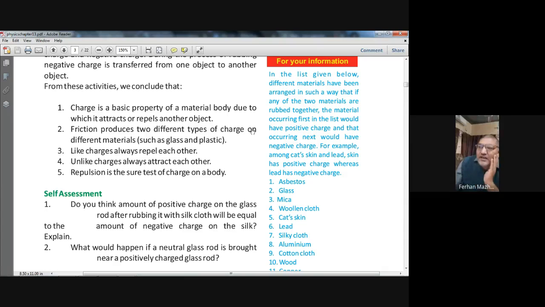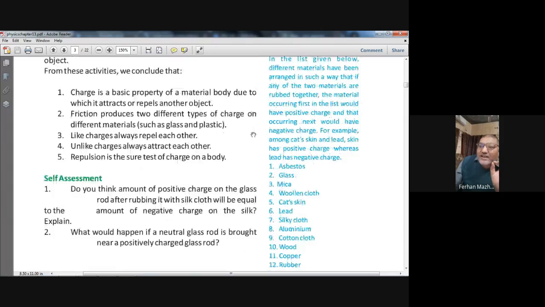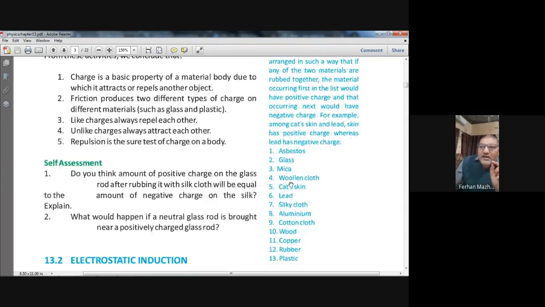does this mean? It means, for example, if you take glass and you take cat skin, when you rub them together, the glass will become positive and the cat skin will become negative. For example, if I take silky cloth and I take plastic, and when I rub them, the silky cloth will become positive and the plastic will become negative.